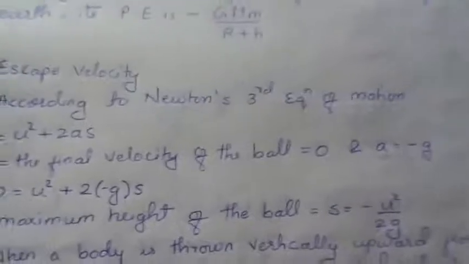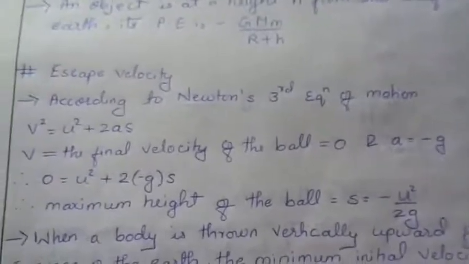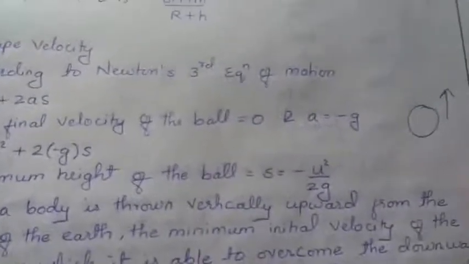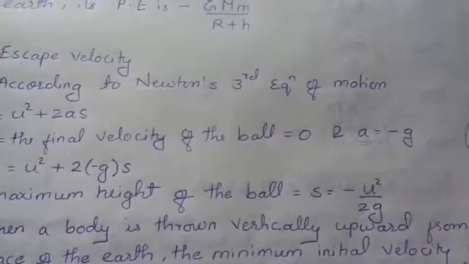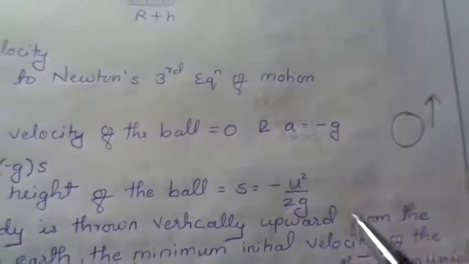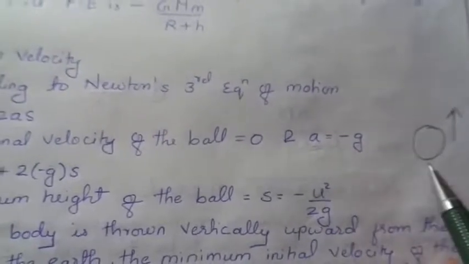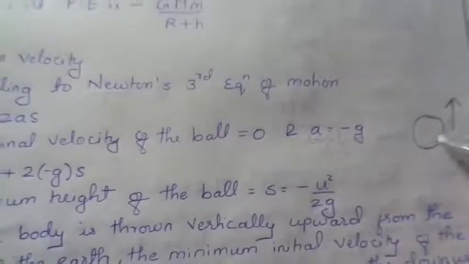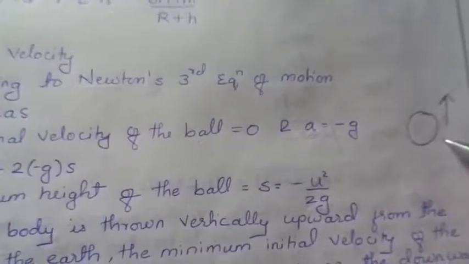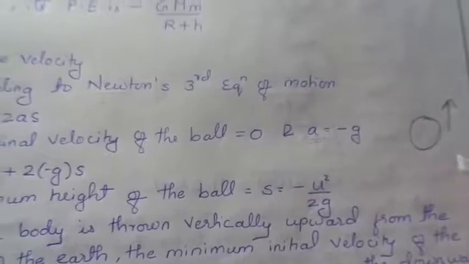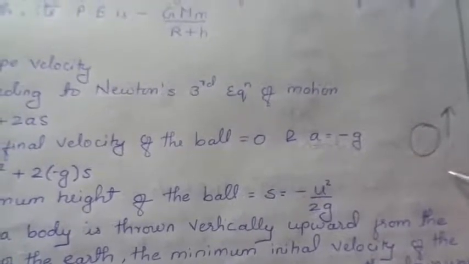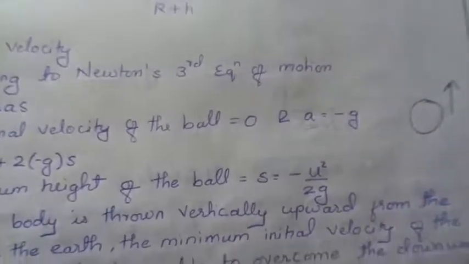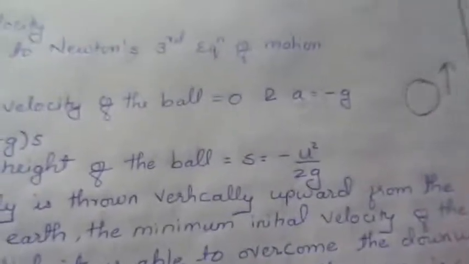So in this, if you have thrown the ball upward, but if you throw the ball with an infinite velocity v, what will happen? It will have the chance to escape the gravitational pull which is pulling it in the downward direction, that is the gravitational force. This is the concept of escape velocity.